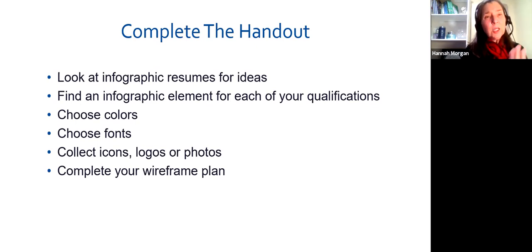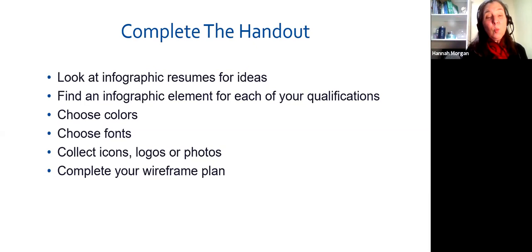If you need to collect company logos or icons that you definitely want to use, or any photos like a headshot, go ahead and put those in a folder on your desktop, because you will need those when we get to the point where you're actually creating. You can upload a lot of those into the free software that we're going to be using.